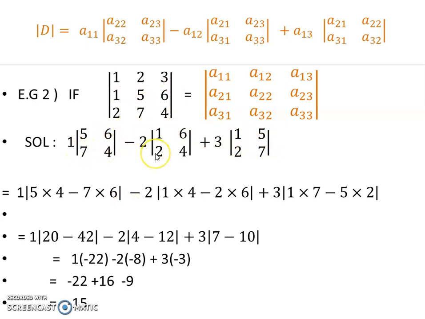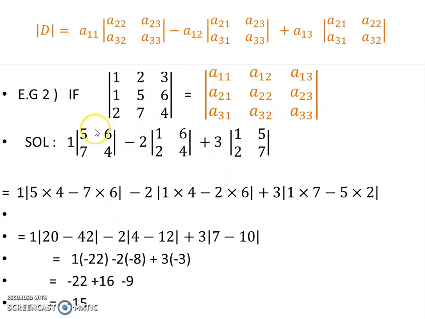Now we have to remember this step again, so I want to revise it. Always remember 1, 2, 3: you write element 1, the middle is minus 2, and then 3. How do we write? We skip the first row and first column, which leaves 5, 6, 7, 4. Then next, second column, first row, 1, 6, 2, 4. Last column and first row, 1, 5, 2, 7.